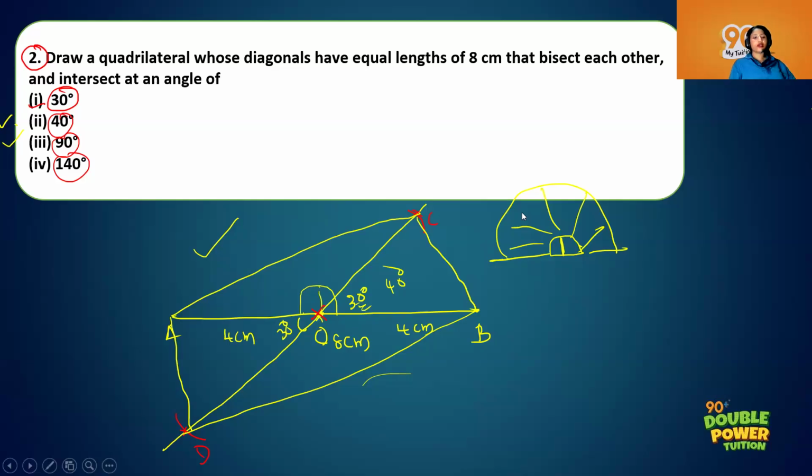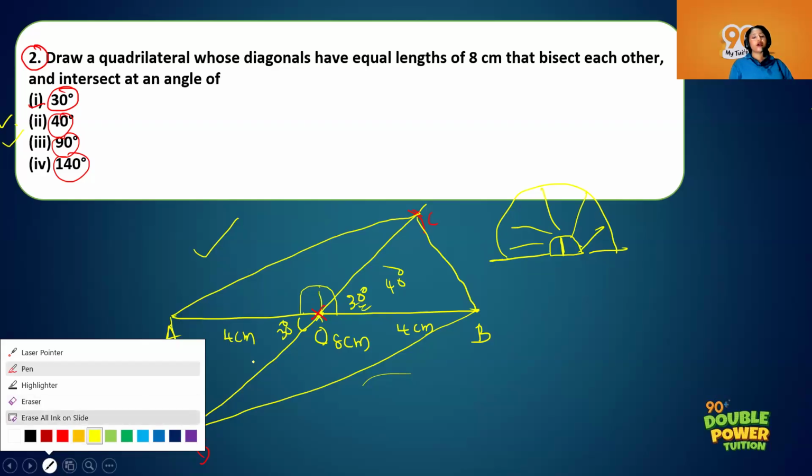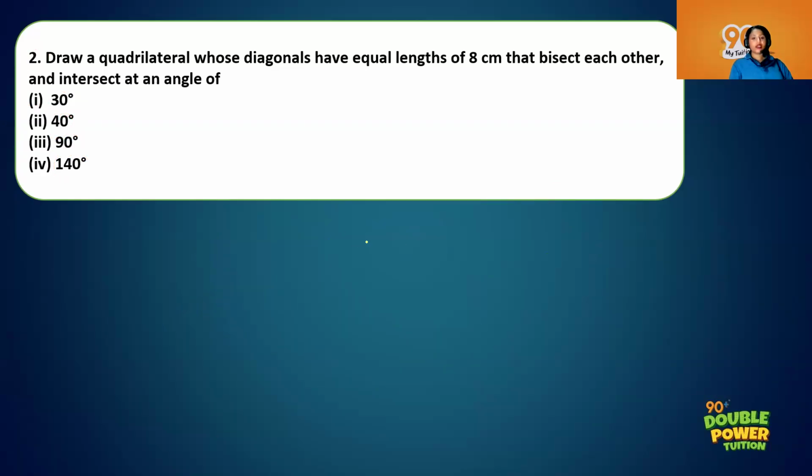Yeah, I don't understand the 90. Okay, I will help you. Now first draw a line segment of 8 centimeter. Abel and Ishan, please try first. Take your scale and pencil, draw a line segment of 8 centimeter and name it AB as 8 centimeter. Do this first.